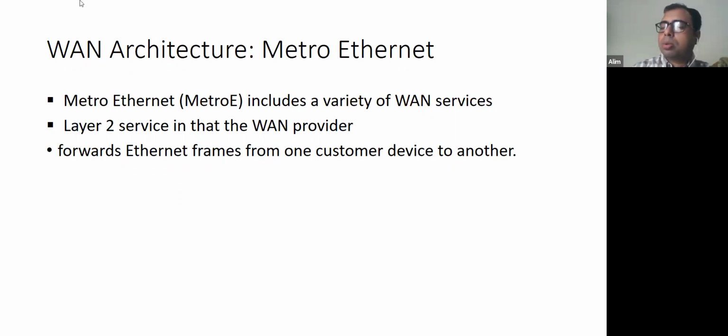We talked that we can provide wide area network connection using different technologies. Wide area network connections are required when you have offices in different locations in a large geographic area.